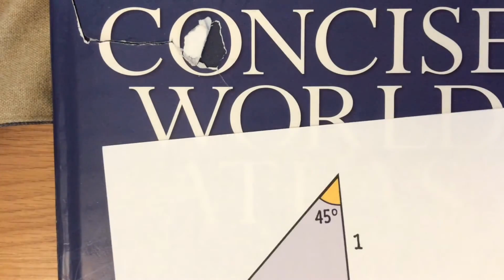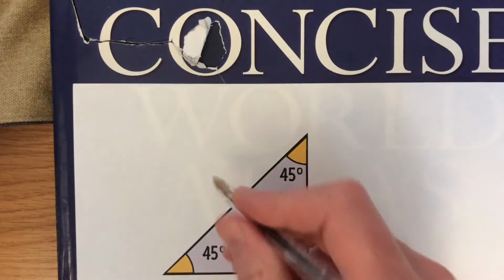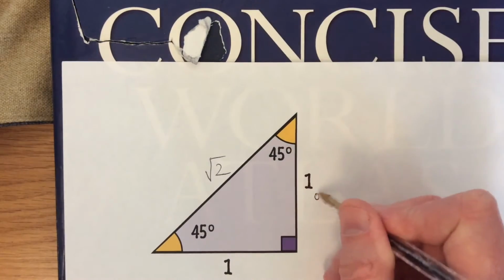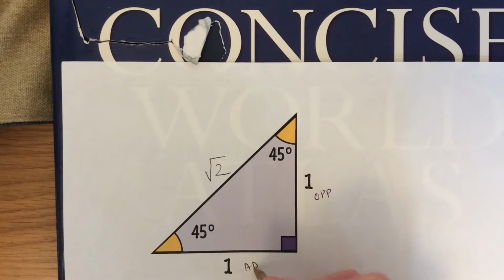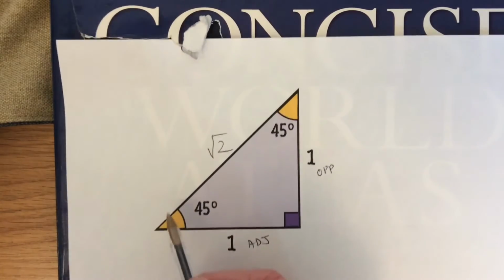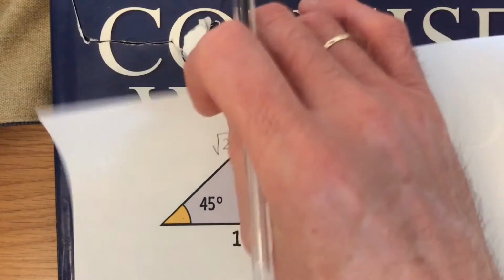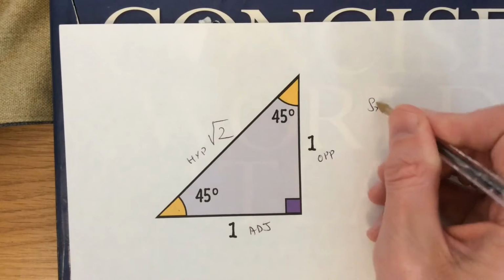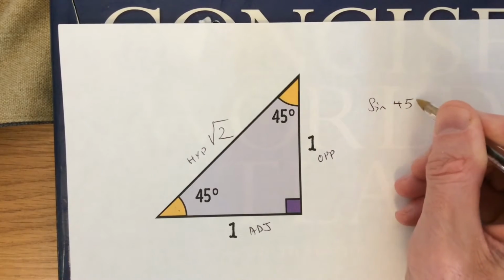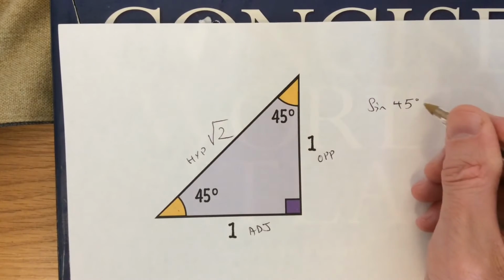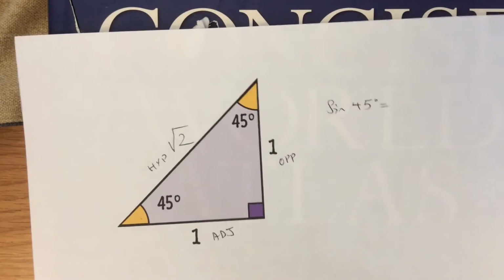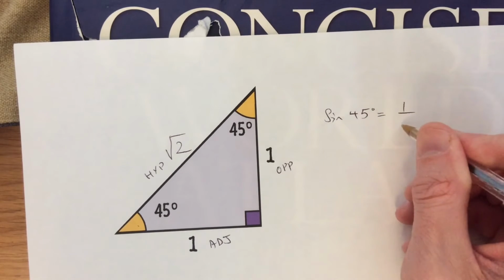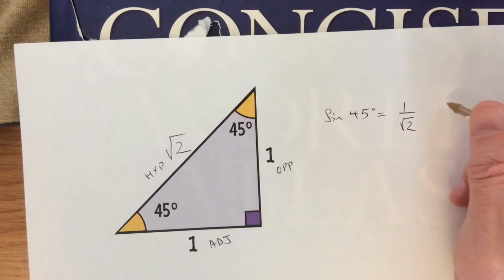Okay, I've done my Pythagoras bit, I know that's root 2. Now I'm going to do opposite, adjacent, using this 45 degrees down here, and that's the hypotenuse. So the sine of 45 degrees, well, sine is opposite over hypotenuse. That's 1 over root 2.